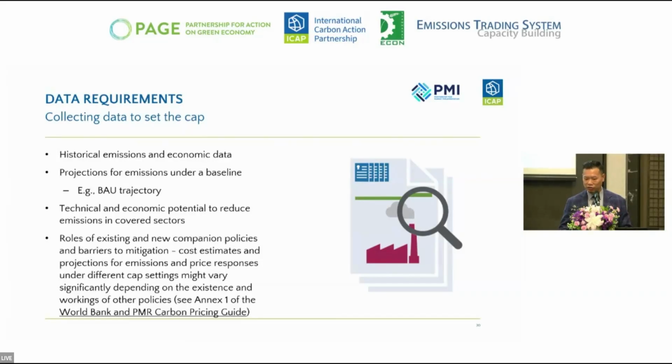We also need to consider the technical and economic potential to reduce emissions in covered sectors, and the roles of existing and new companion policies and barriers to mitigation. Like, are there other subsidies to the power sector, or is the power market a very free market, or are there other policies with conflicting purposes or already supporting the reduction?